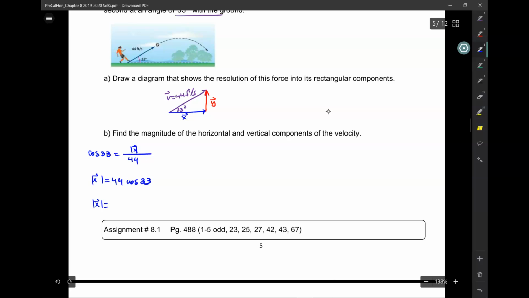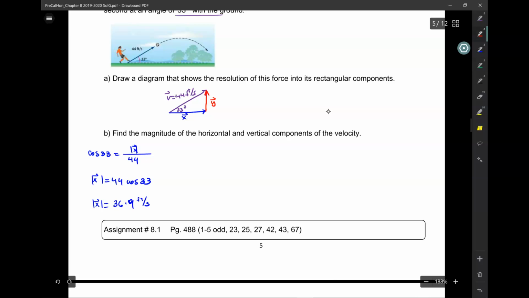Whenever you're looking for magnitude, you've got to. It can be negative. Okay, so that's the thing. No, the speed cannot be negative. Let me finish this and then I'll talk about that. That's actually a whole thing. So how much is 44 cosine 33? 36.9. And it's feet per second.